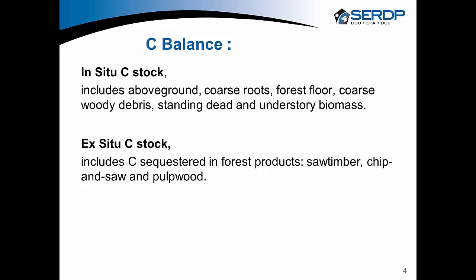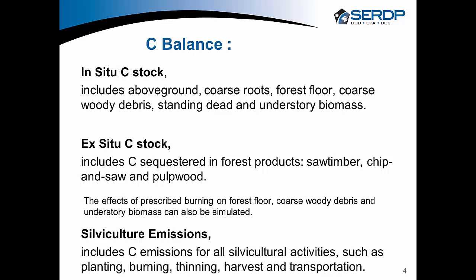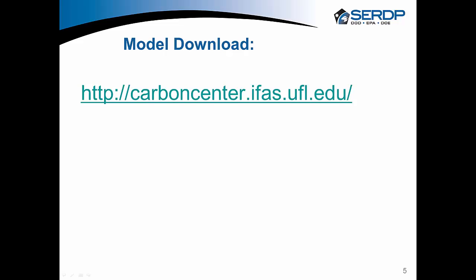As part of the carbon balance module, effects of prescribed burning on forest floor, coarse woody debris, and understory biomass can also be simulated. This module also simulates silvicultural emissions, which include carbon emissions for all silvicultural activities such as planting, burning, thinning, harvest, and transportation.